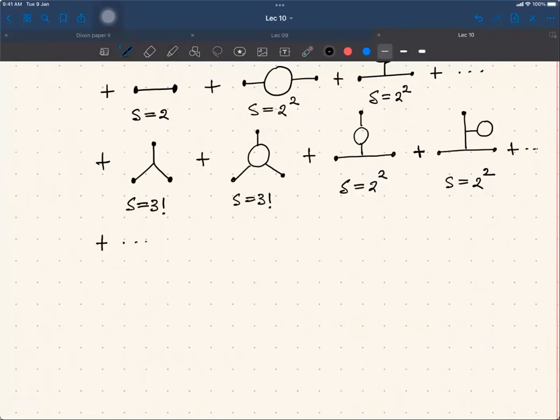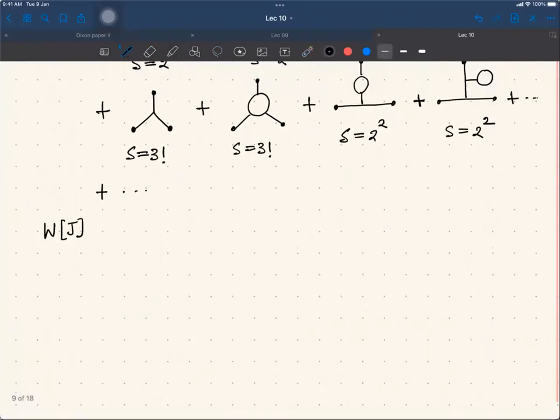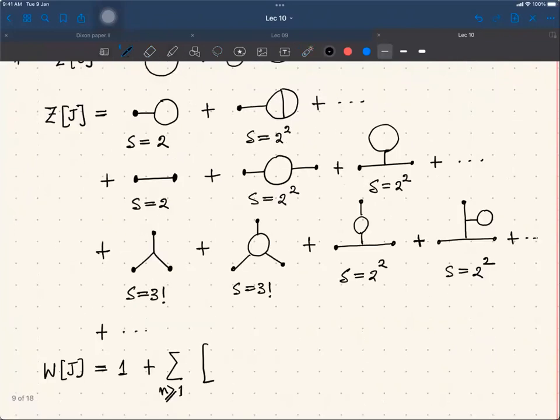Now, if you want to calculate W[J], it will start with 1, because as I just discussed, J equal to 0 gives W equal to 1, and then a sum over n greater than or equal to 1. So then it's an exponential of Z.